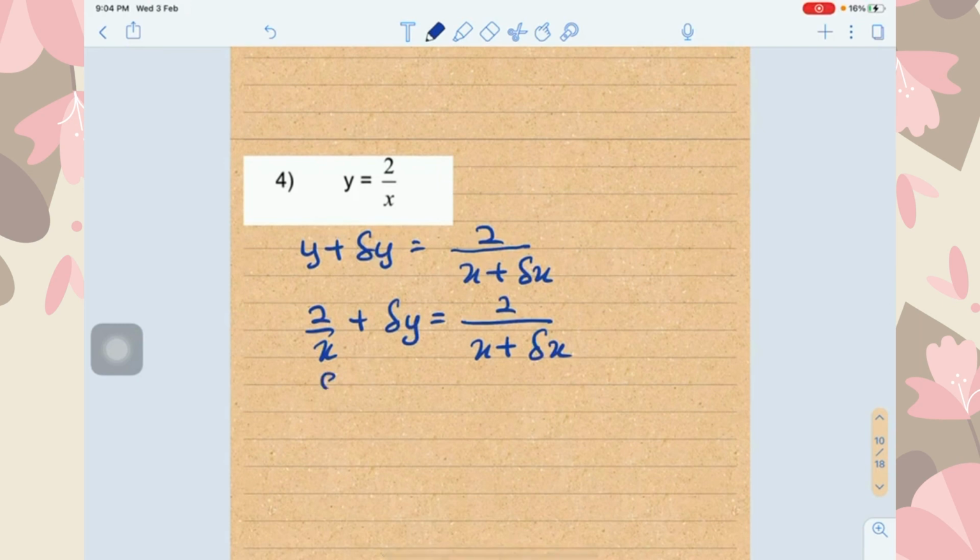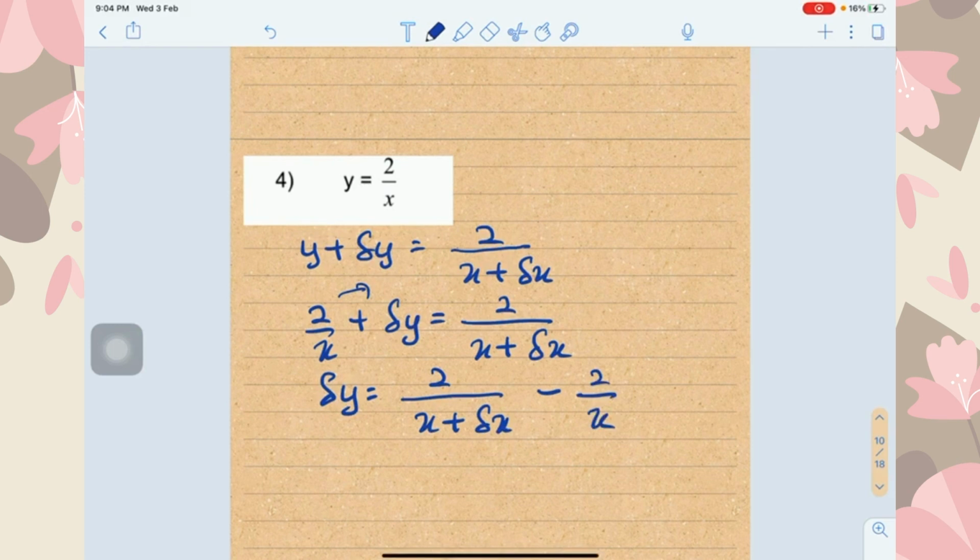So delta y is 2 over (x plus delta x) minus 2 over x. Here we have two fractions, so to simplify this one, we have to equate the denominator.